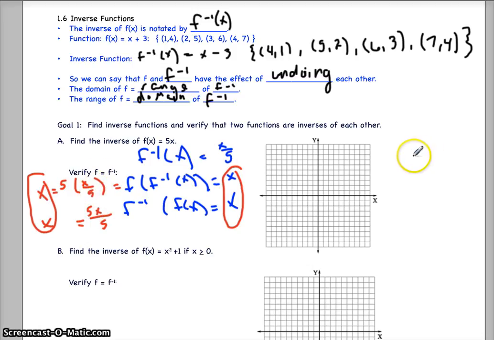An alternate way to verify is to graph the two functions. So let's graph these quickly. F of x equals 5x has a y-intercept of 0 and a slope of 5. So I would rise 5, go right 1, or down 5, left 1.